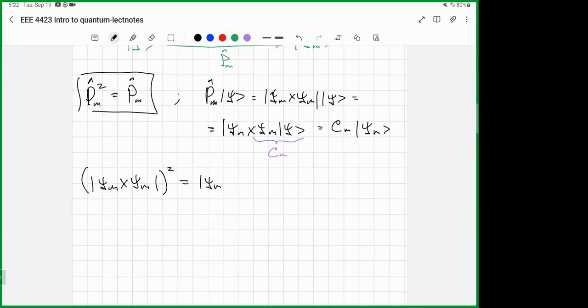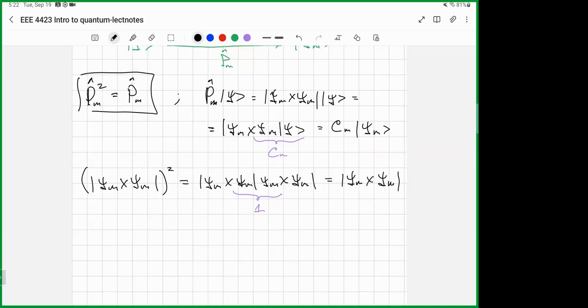So it's going to be the psi m, another psi m. Because this psi m is the state with the amplitude 1, this inner product here gives me 1, and the result is psi m cross psi m.